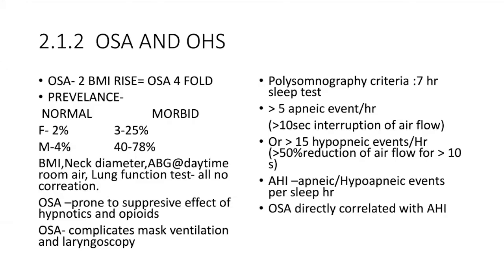OSA complicates mask ventilation, that we will see later on. The polysomnography is the gold standard test for detecting OSA. It is usually a 7-hour sleep test. The criteria are more than 5 apneic events per hour, meaning interruption of airflow for more than 10 seconds, or more than 15 hypopneic events per hour, with a 50% reduction of airflow for 10 seconds.